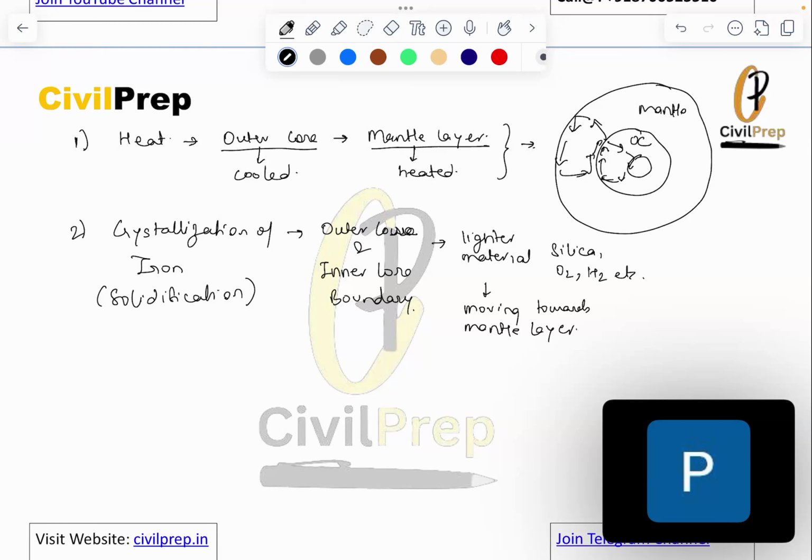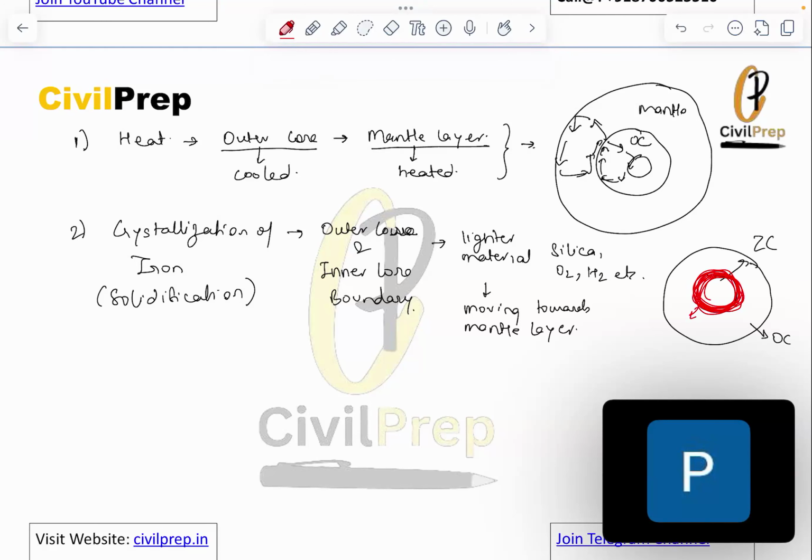If you visualize this part here, this is the inner core and this is the outer core. So here crystallization is taking place continuously. Because of this, in the outer core there is movement of current towards the outer part, and here the crystallization of iron is taking place.